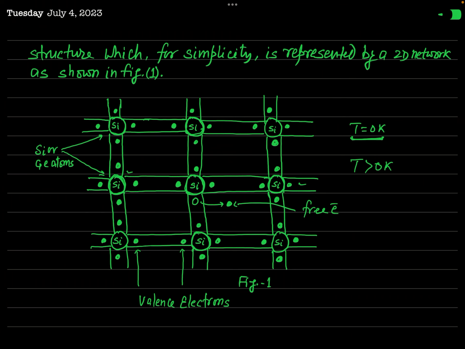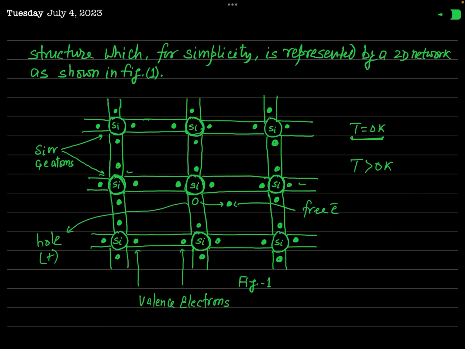And the position from where this electron got freed, that vacant space left by the electron, is called a hole. And this hole behaves like a positively charged carrier, a positively charged particle.